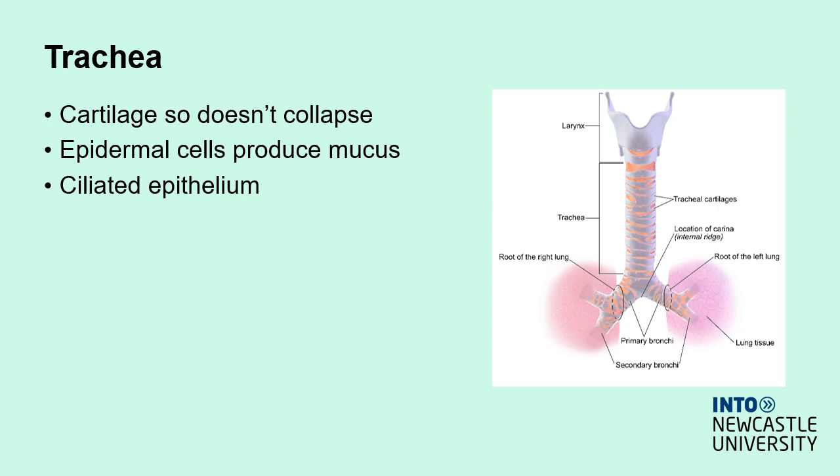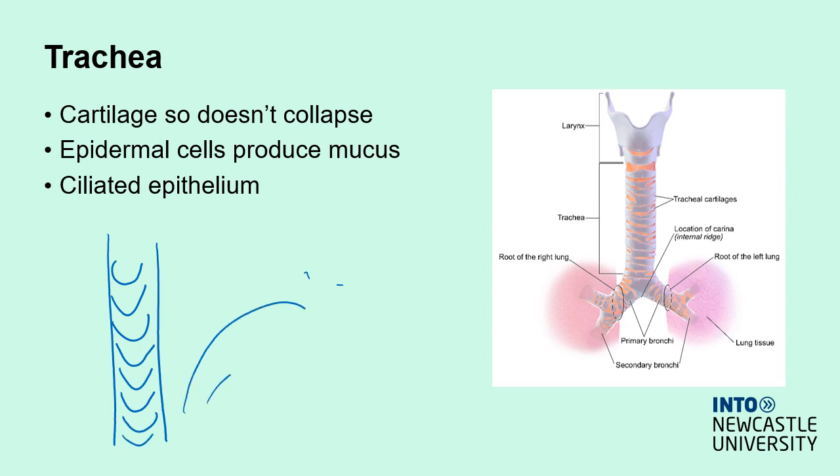It's also very flexible, so you can twist and bend your head, and that's because you have what we call rings of cartilage. If this is a trachea, you've got these C-shaped rings very close together, but not totally connected. So you've got flexibility to bend the trachea, so you can bend your neck and also twist as well.